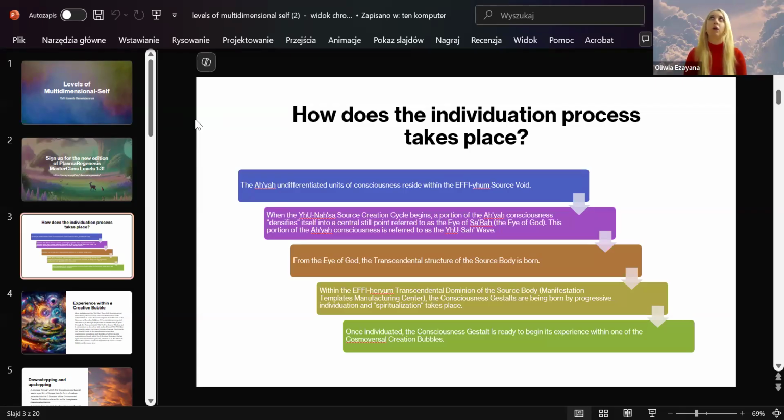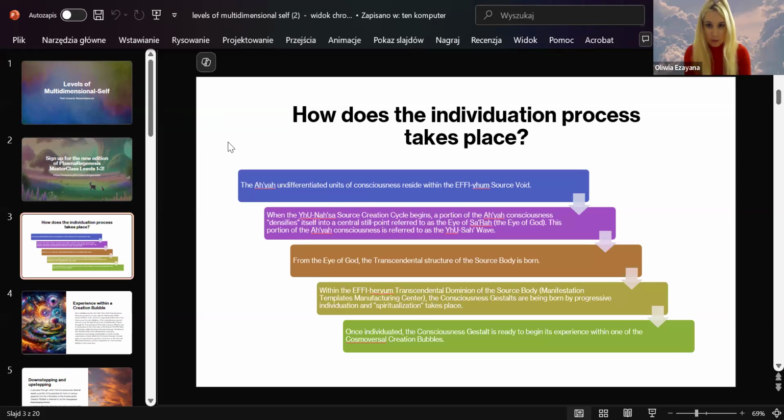I mean, how do we go through this process of individuation, and how do we come back into that full oneness once again? So there are a few steps to this, and they contain a lot of different strange terms, so I will be just explaining this as we go through.